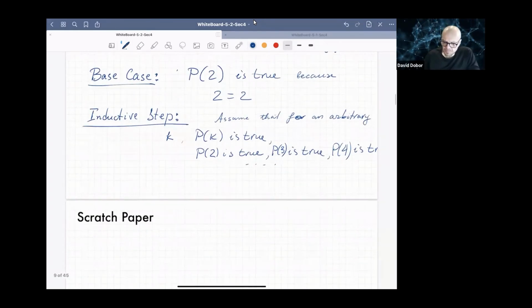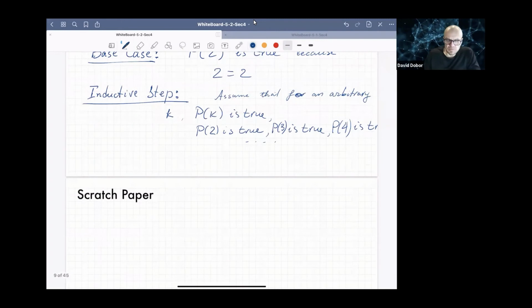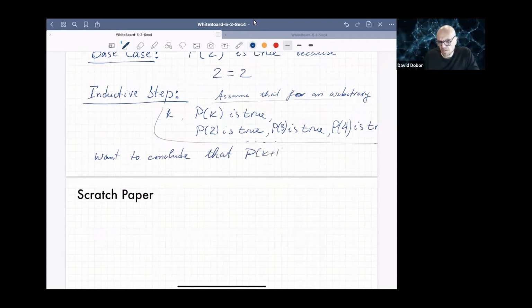So let's argue this. And I think I'll argue what you've just suggested. Let's write it down. Actually, let's look at 2 cases. So let's write this down. We want to show, so we get to assume this for an arbitrary K. Now we want to conclude somehow from this assumption that P(K+1) holds.